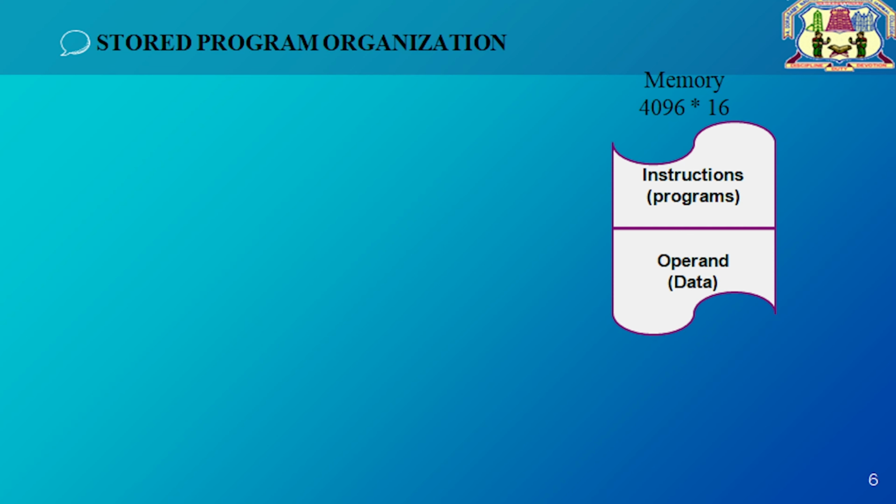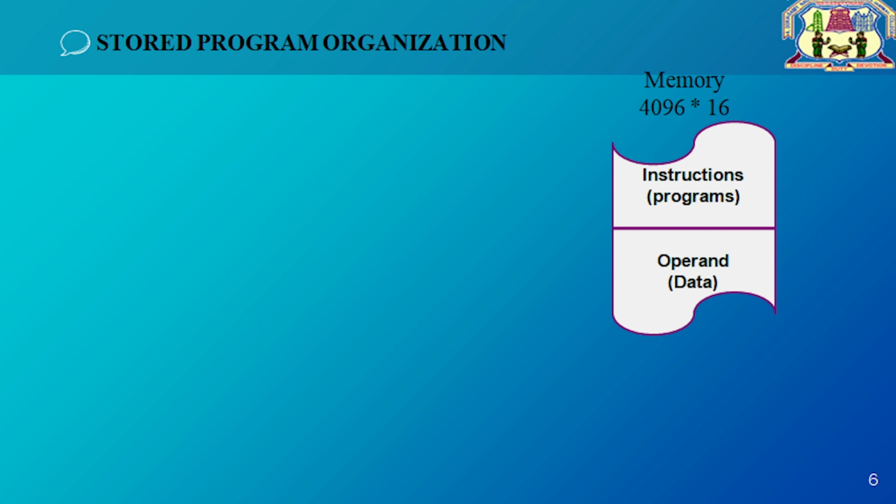First is instructions and second is operands, on which these instructions are going to be executed. The instruction consists of 16 bits, because the word size of memory is a 16-bit word size, so the instruction size is a 16-bit instruction size.